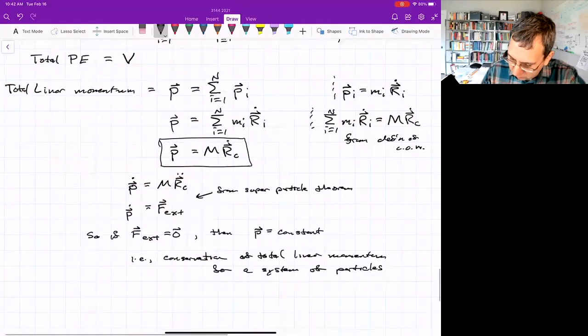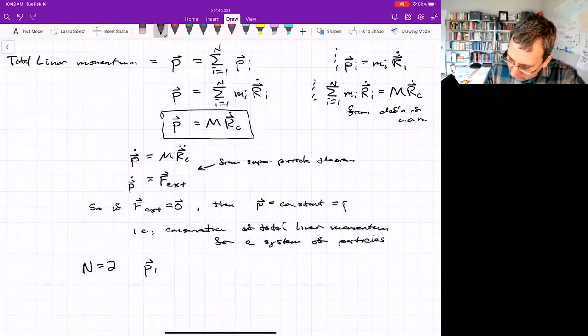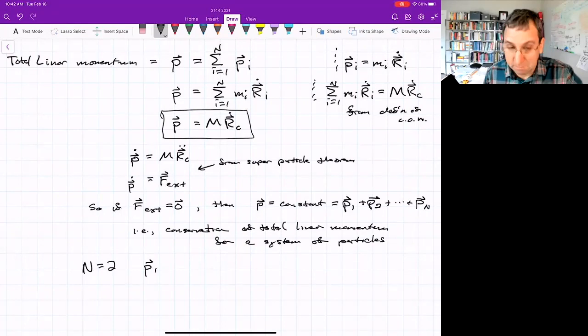which can be useful. So it means, let's say all you have is 2 particles, and you know what P1 is, right? Because this P over here is the sum of all of the P's. P1 plus P2 plus all the way to Pn. So that sum is constant. Even though each individual momentum might change, the sum of the momenta is constant. So we've got P1 and P2.